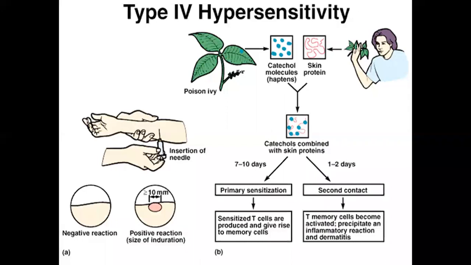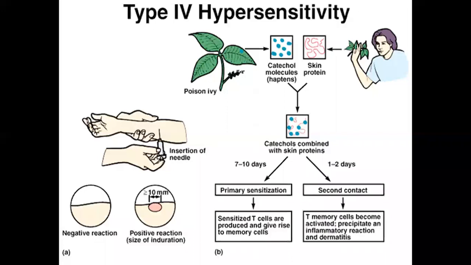A hapten is a type of antigen that is not an antigen initially, from the very start. It is a small molecule, but it can become an antigen if it is attached to a bigger molecule inside the body.